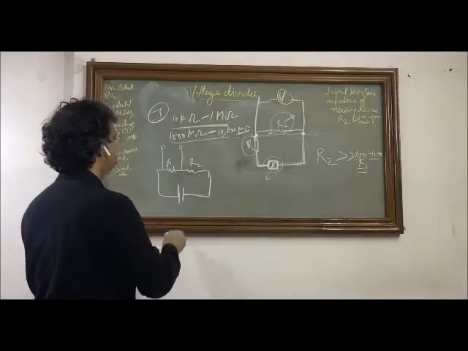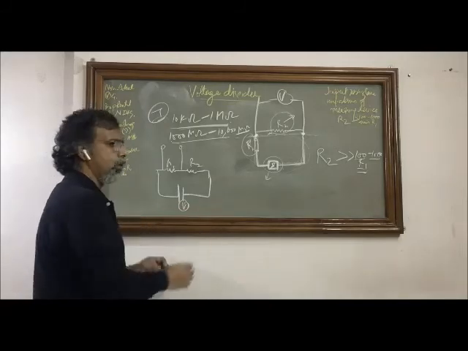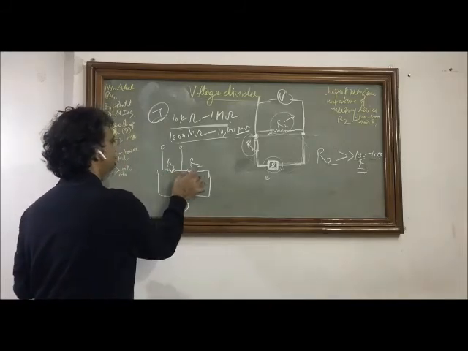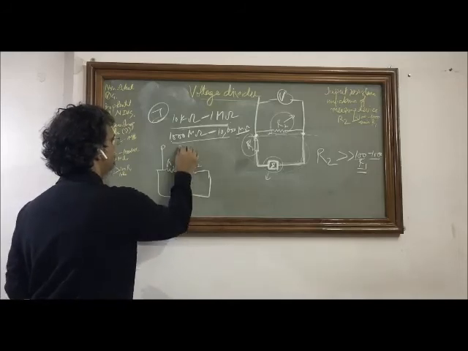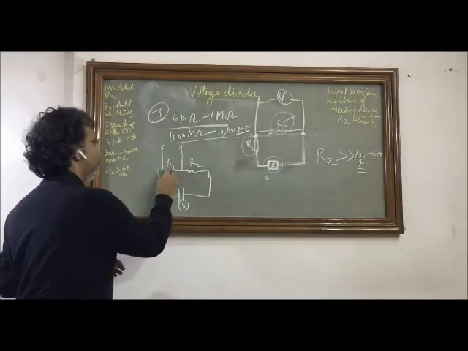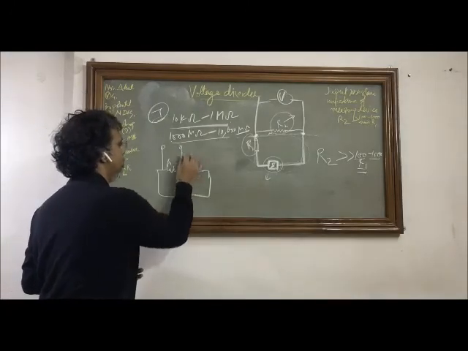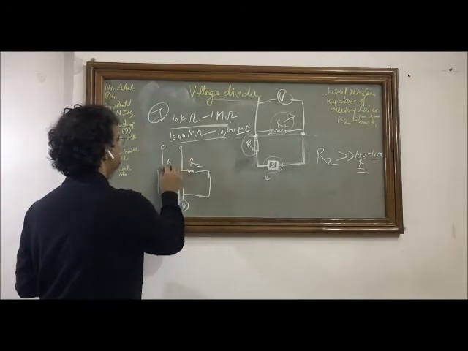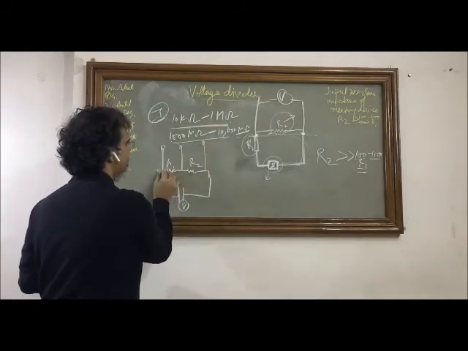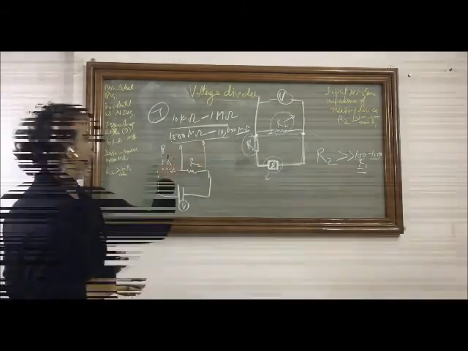If we want to divide this potential into different values, based upon some calculations we can set in different resistors such that if we take the potential between this and this, it will be the highest potential because the charge has not traversed any resistance. Now if we have output between this point and this point, the charge has traversed both the resistors, so the potential drop will be more.